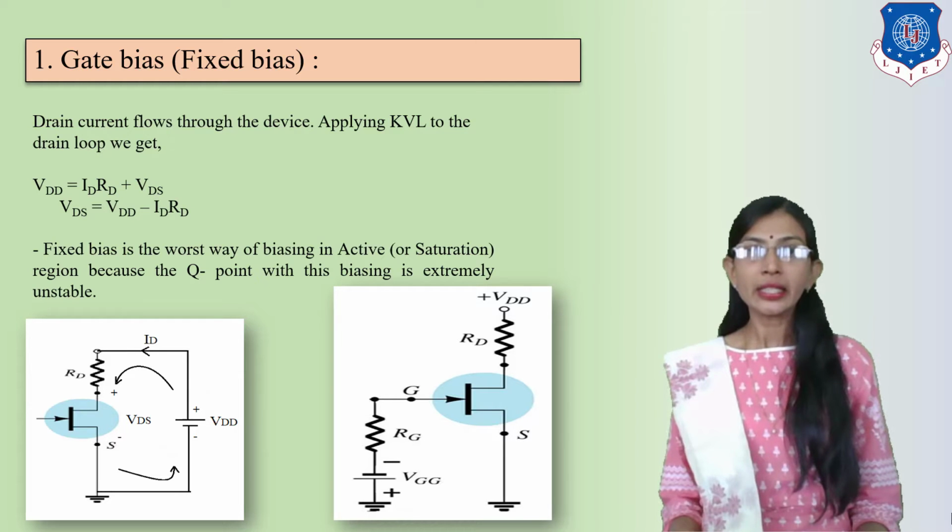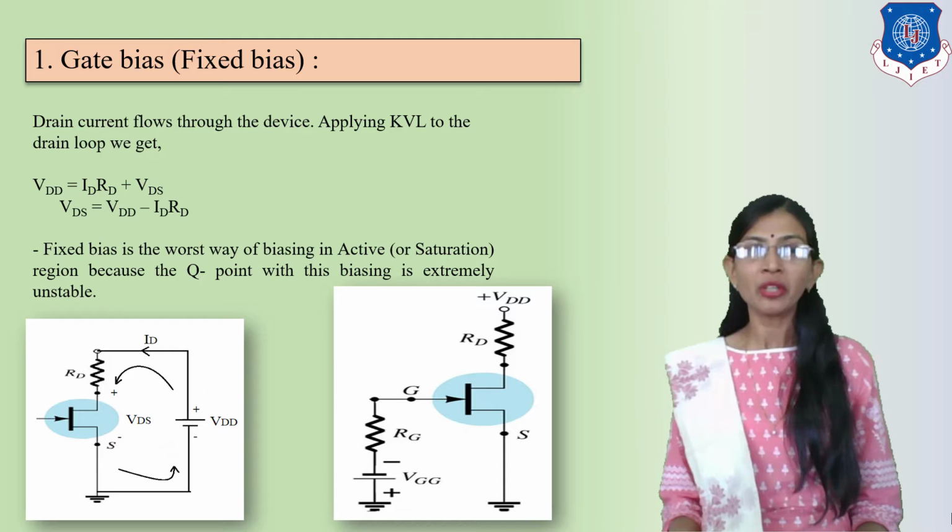First, let us define VDD equal to IDRD plus VDS. This is nothing but applying the KVL, Kirchhoff voltage law, in the output loop. Output loop means drain loop. We have the three terminals, drain, gate and source, and at the drain terminal, we have connected the supply voltage plus VDD.